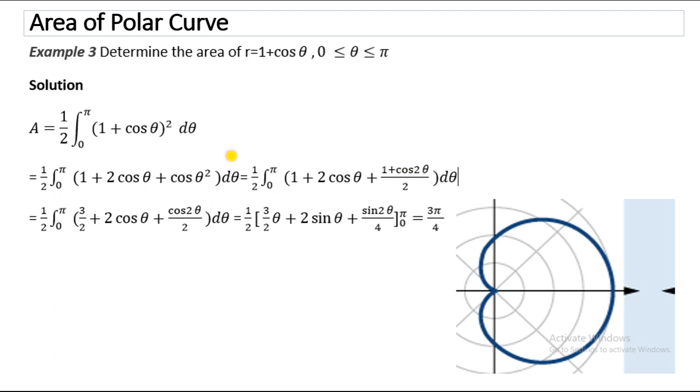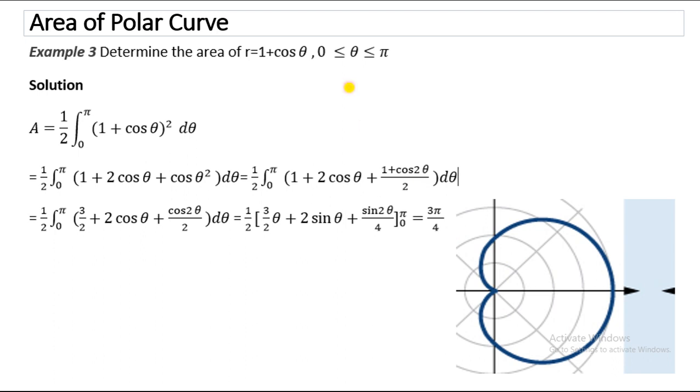Example 3. Determine the area of the graph r equal 1 plus cosine theta, theta greater than or equal 0, less than or equal pi. I know that r equal 1 plus cosine theta is a heart, because A equals B, A equals 1, B equals 1. The graph is a heart, through the origin, without inner loop.